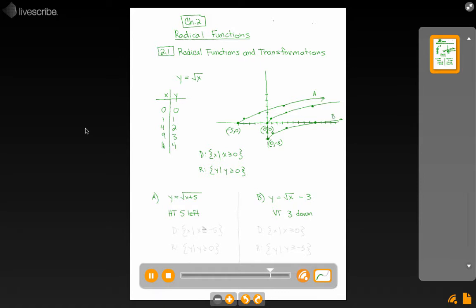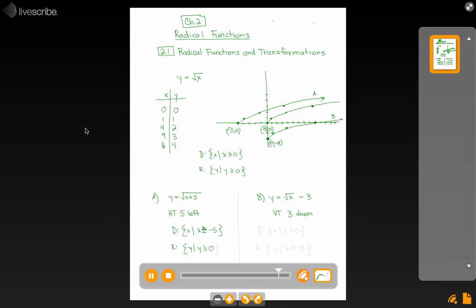The last thing we'll do is talk about their domains and ranges. For the one that moved 5 to the left, x now can be anything greater or equal to -5. The range hasn't changed. We didn't move up or down, so it's still y is greater or equal to 0.